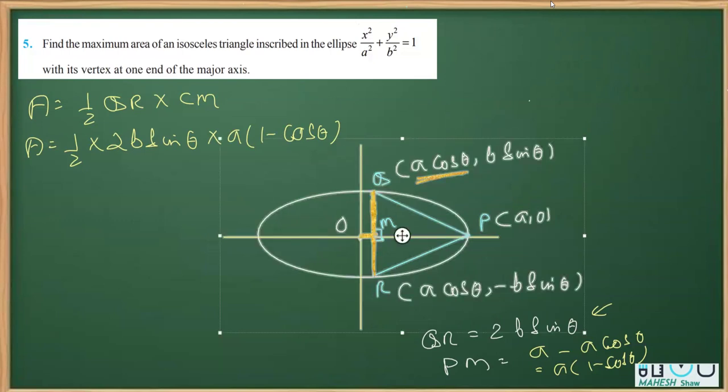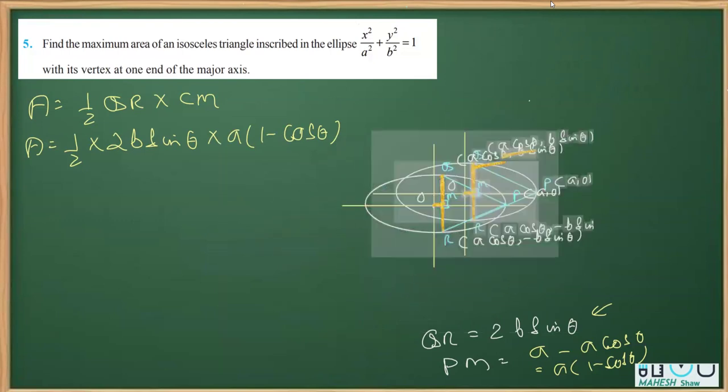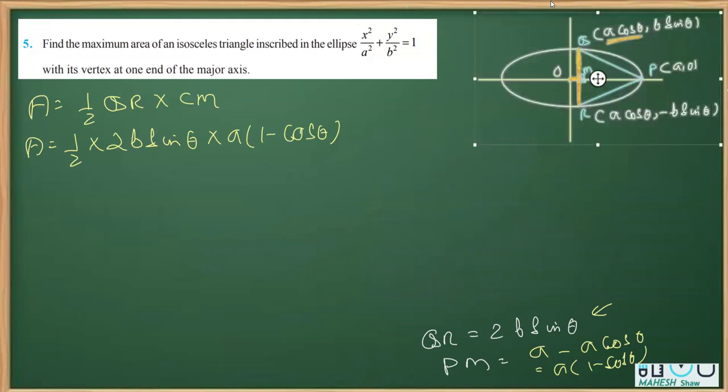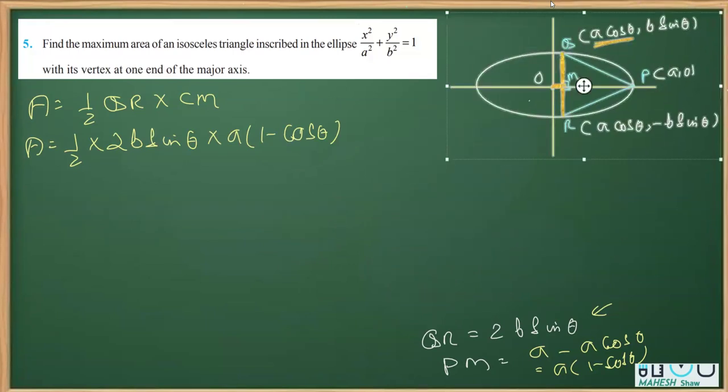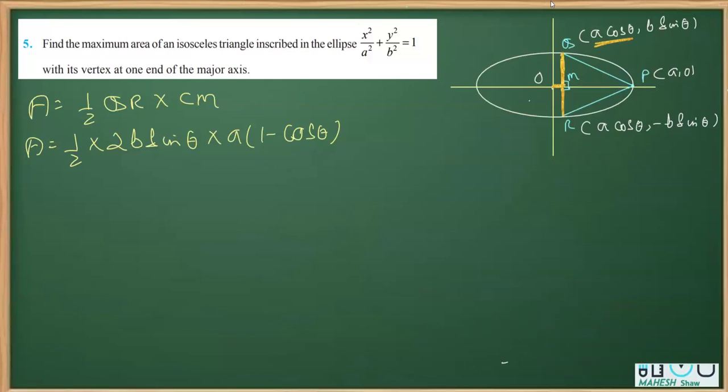Now we'll differentiate so as to get the point of extreme and then apply the double derivative test to prove that the maximum area is obtained at some value of theta. Now I can see that here 2 and 2 get cancelled, and if I rearrange, I can write this area as A from here and another B from here, that is AB sin theta times 1 minus cos theta.